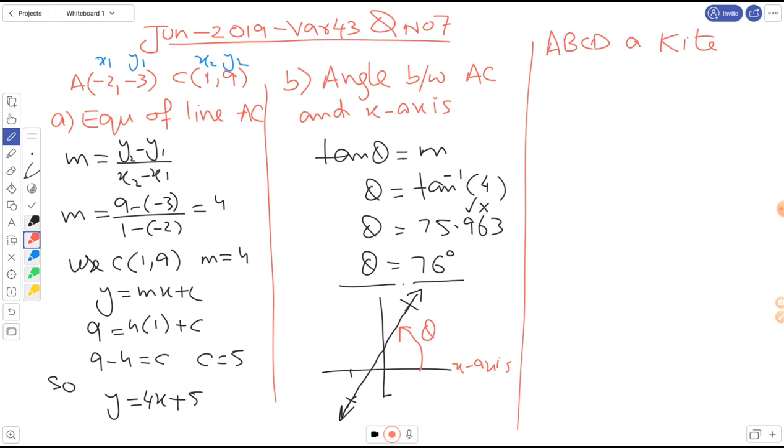And we are given an extra point B, which is given as 3.5, 2. He's asking us to find the equation of the line BD.